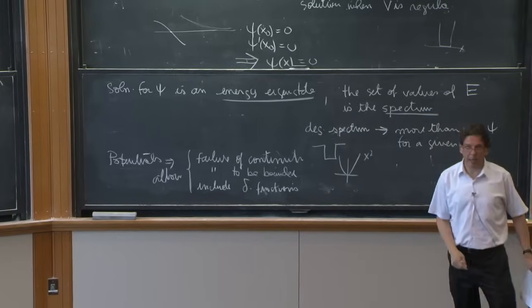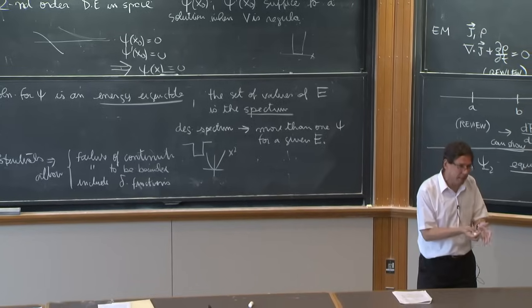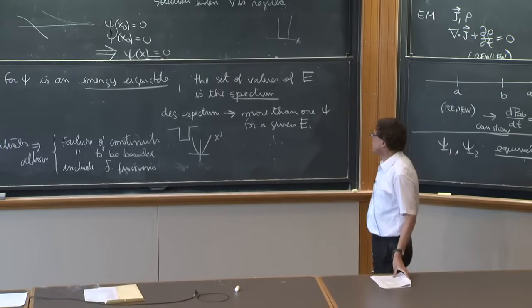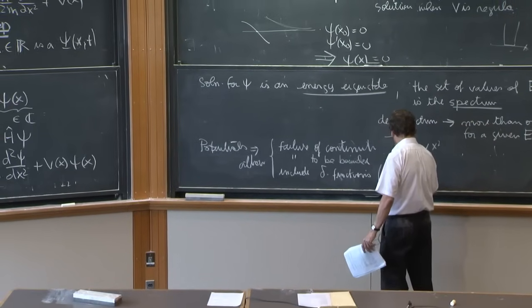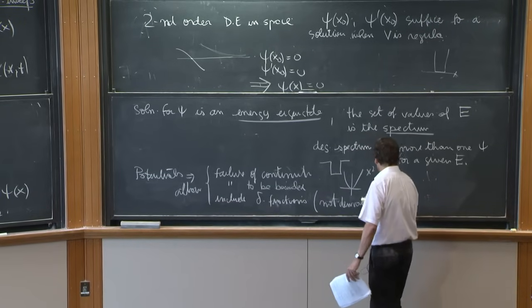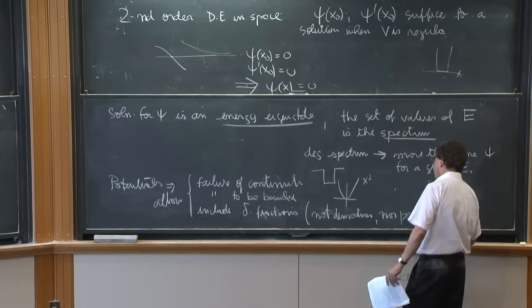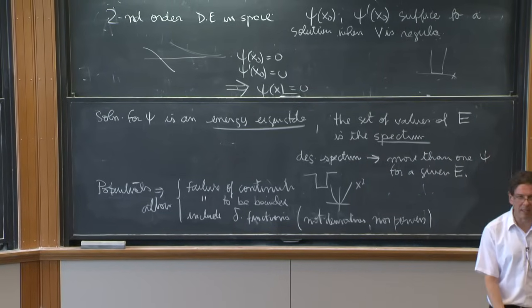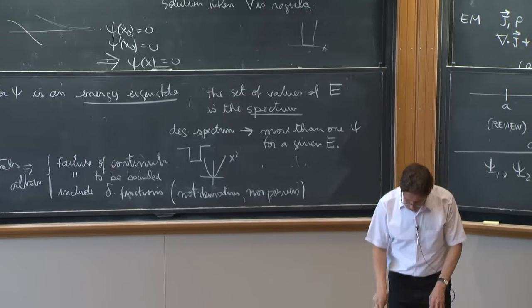which is pretty interesting, because a lot of physics with these delta functions, but a delta function is a complicated thing. We'll include delta functions, but not derivatives of them, nor powers. So we won't take anything more strange than delta functions, collections of delta functions.